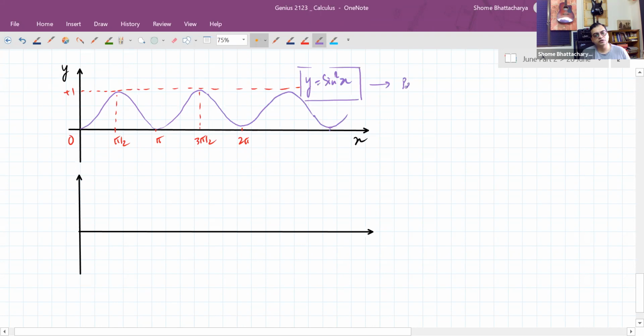This is also a periodic function. It has a cycle of pi. And as you can see from the graph, it varies between 0 and 1. Whereas cos square x does the same thing, but in this manner.